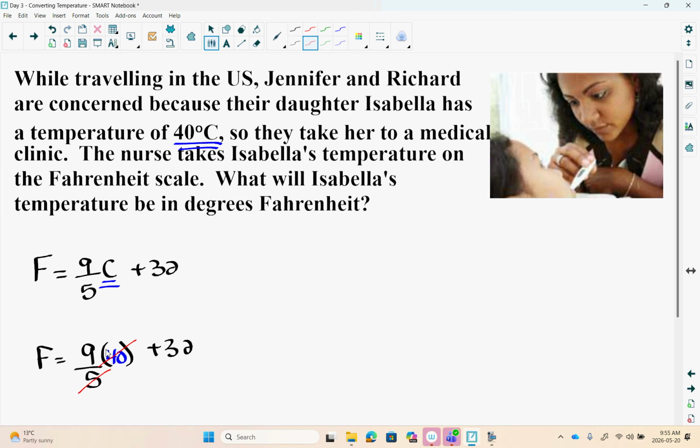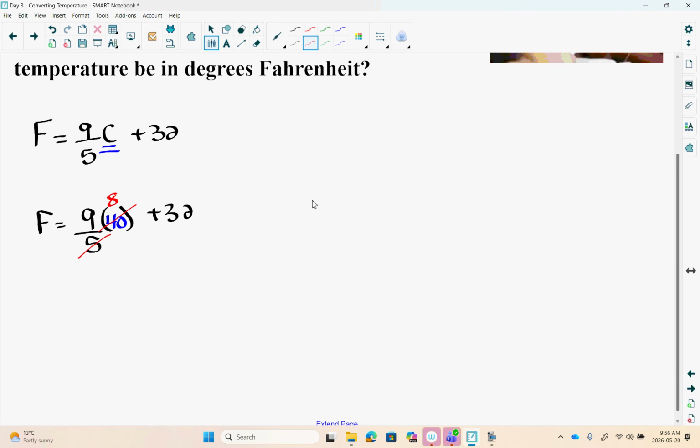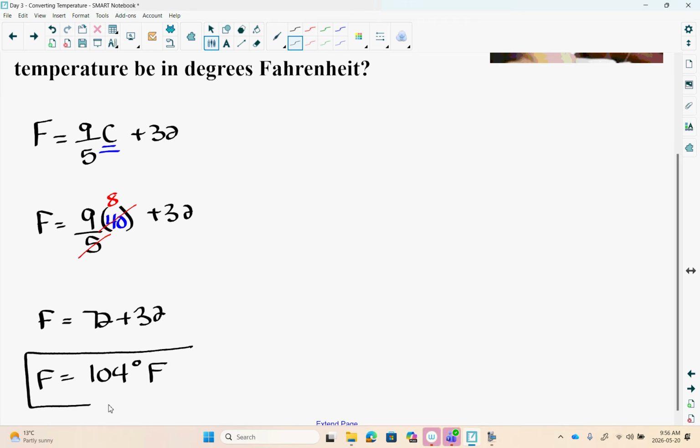I can work with smaller numbers. What's 40 divided by 5, guys? 8. What's 9 times 8? 72 plus 32. 104 degrees Fahrenheit. She's burning up.